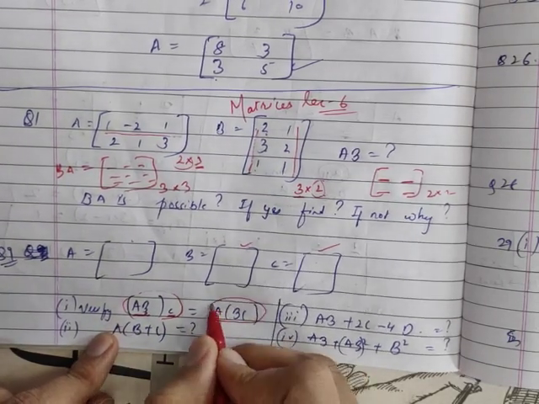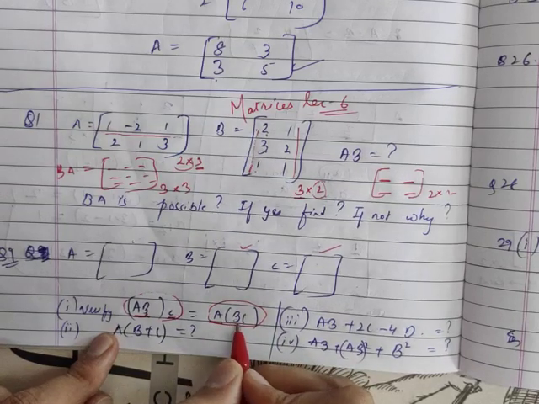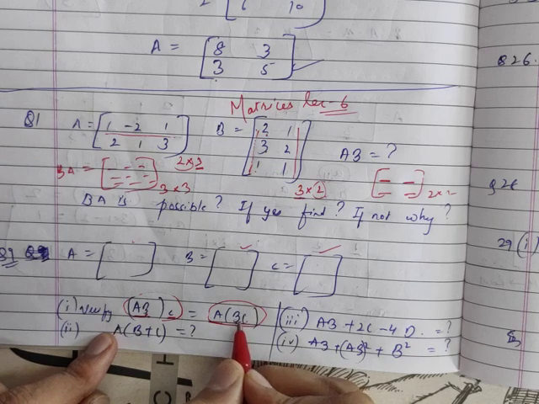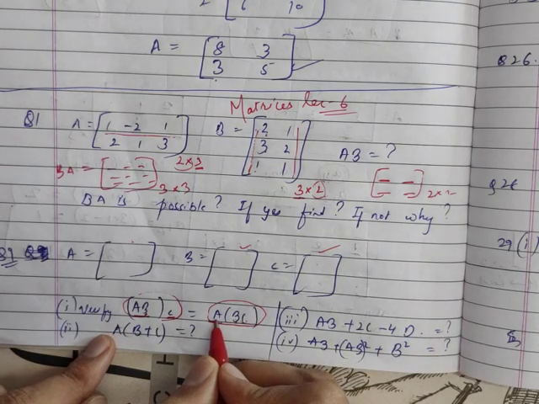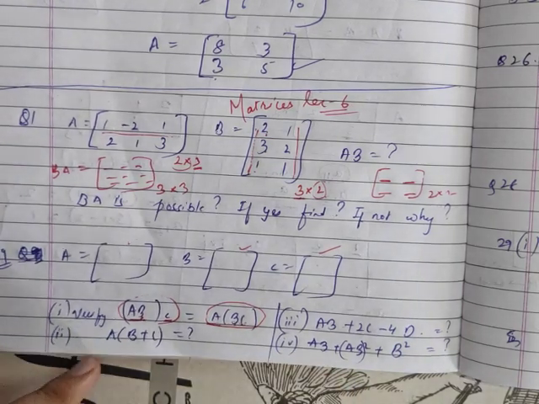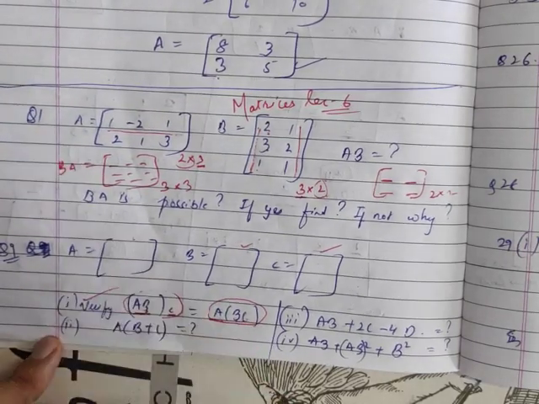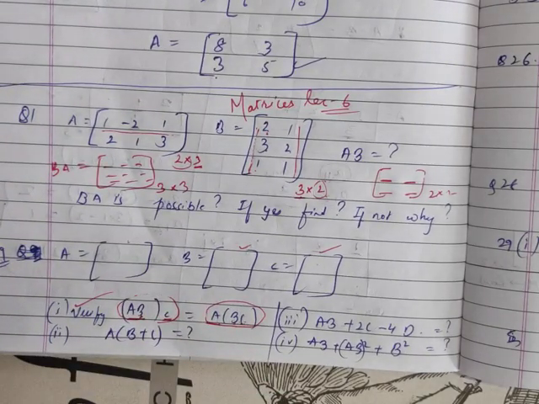And in RHS, first I got to solve the bracket. That means I need to multiply BC आपस में. Once I solve that answer, that is to be multiplied with A. That becomes my RHS. If they both are equal, I'll say yes, this is verified. Let's see similar questions.